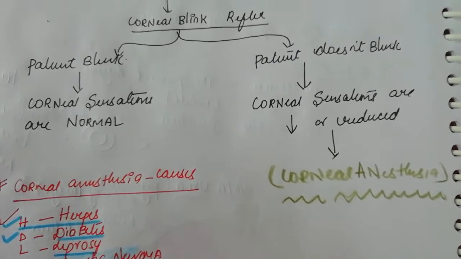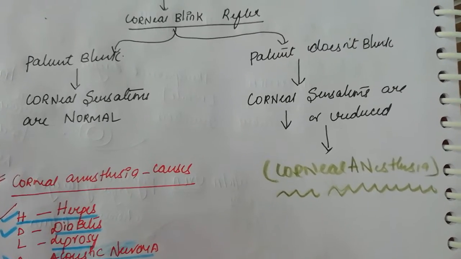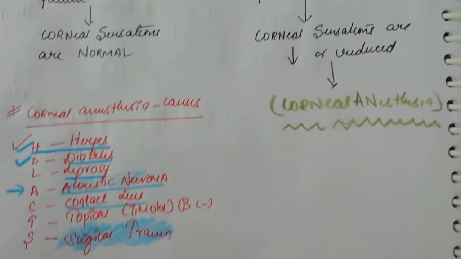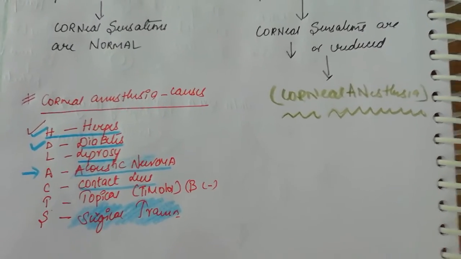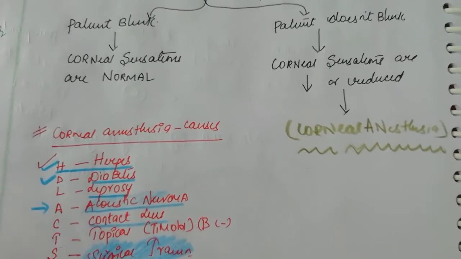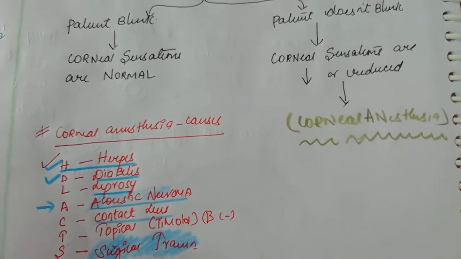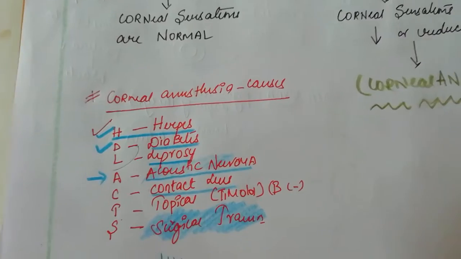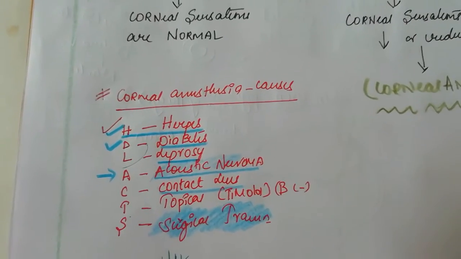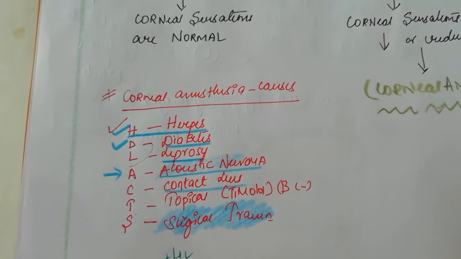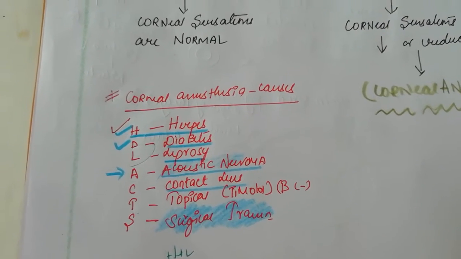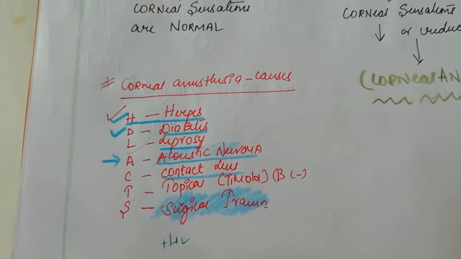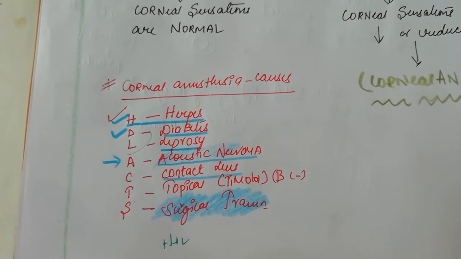And what are the causes of corneal anesthesia? You can remember them as HDL ACTS. This means patients with herpes, diabetes, leprosy, acoustic neuroma, contact lens use, and topical timolol, that is when the patient starts using beta blockers.